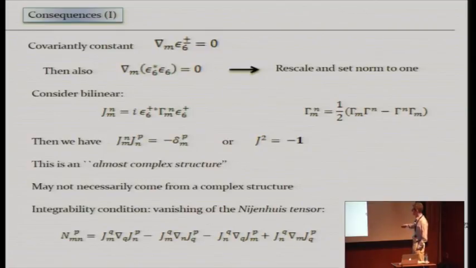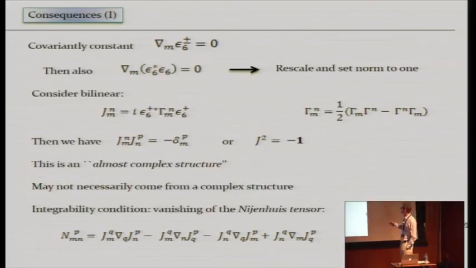maybe just give you a little bit of intuition where this comes from. If you have such a tensor which squares to minus 1, okay, by taking complex linear combinations of eigenvectors, you can project things on the plus i eigenspace or on the minus i eigenspace of this tensor. Okay.